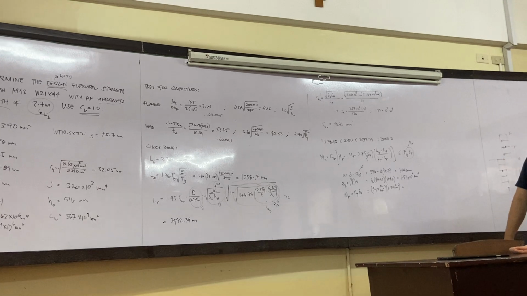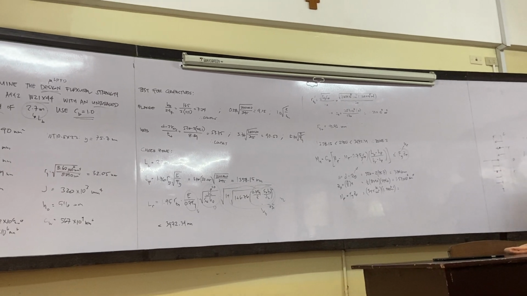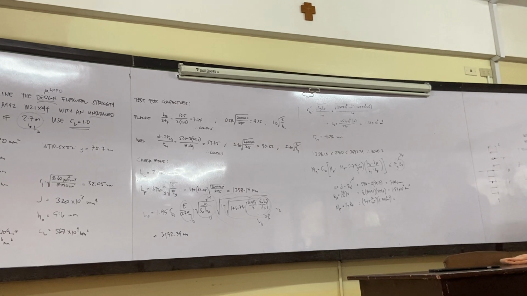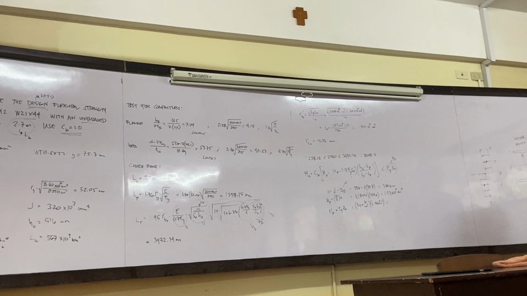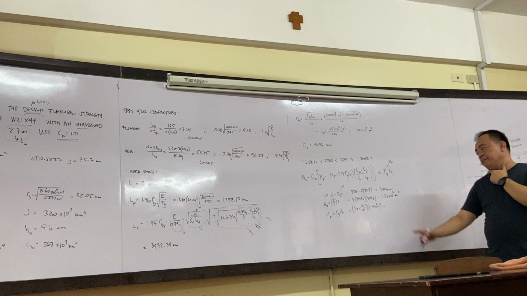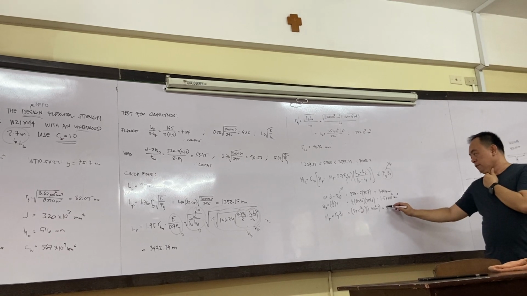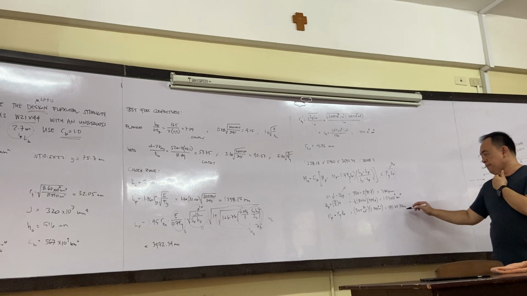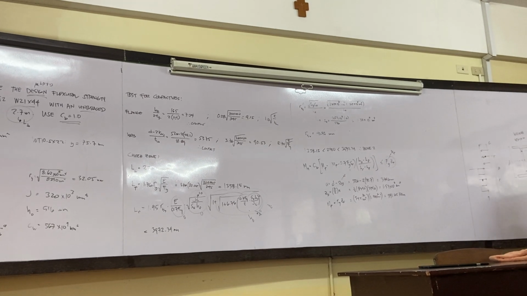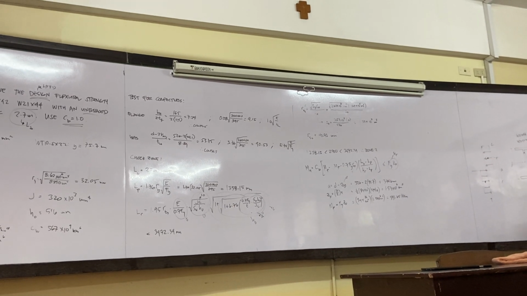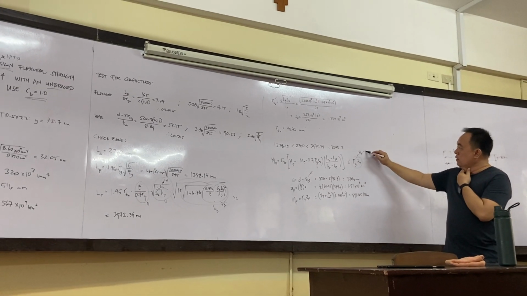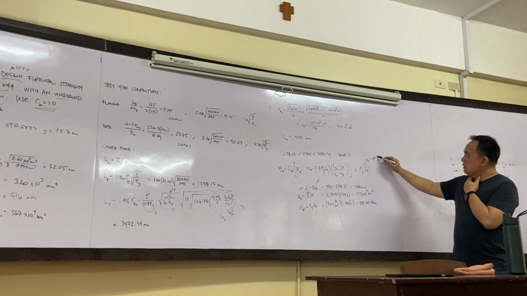Then you convert that to kN-m by dividing by 1,000 squared. That gives 541.65 kN-m. That's our Mp, so this is our limiting value here.